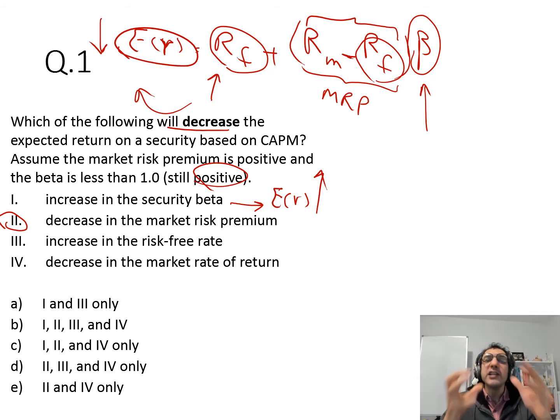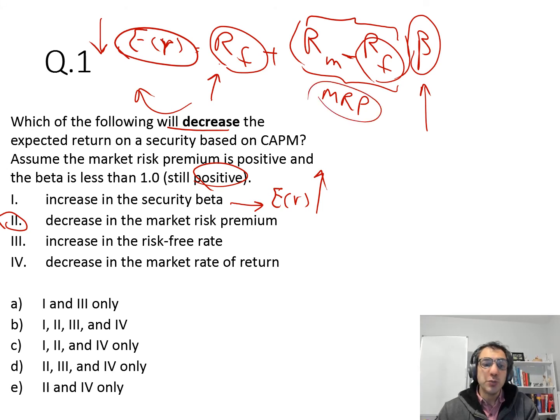So the total impact of the risk-free rate when it comes to the market risk premium is less than the impact of the risk-free rate alone. So in other words, the first portion, just the risk-free rate here, you see the impact is greater than the impact of the negative MRP. Which means the whole impact should be positive on expected return.